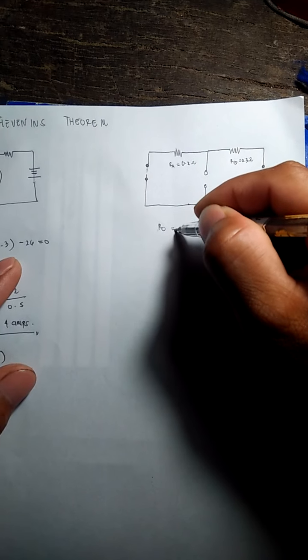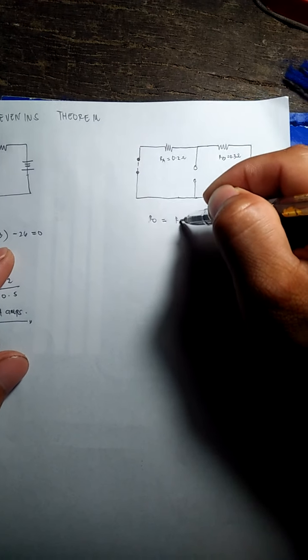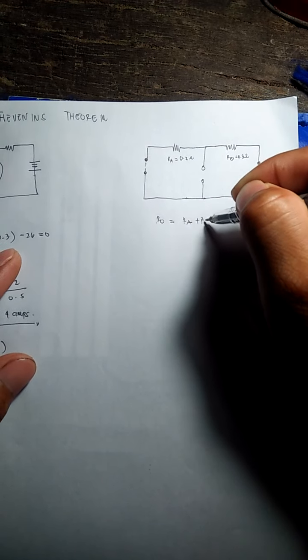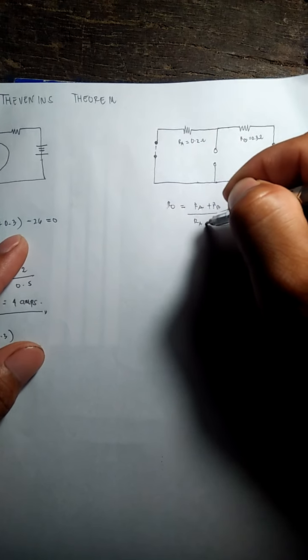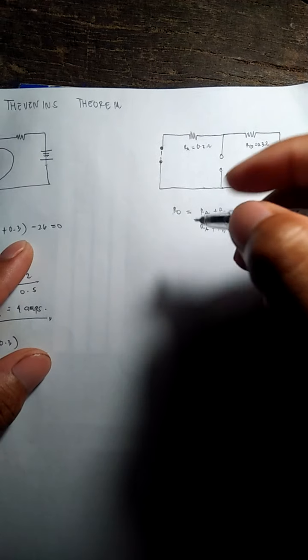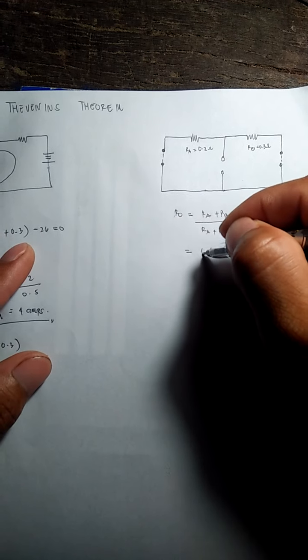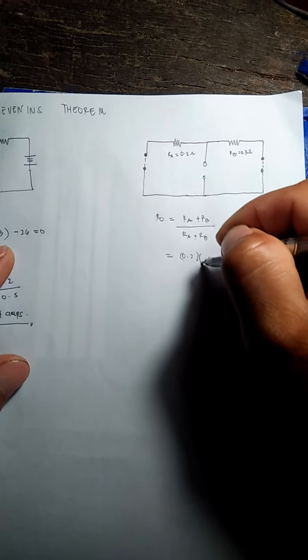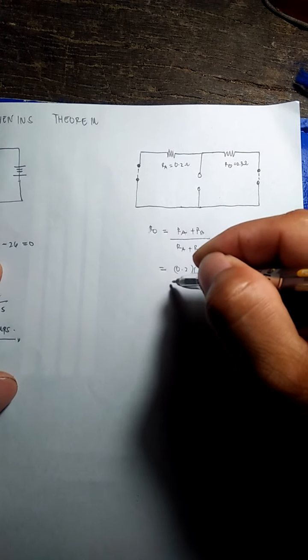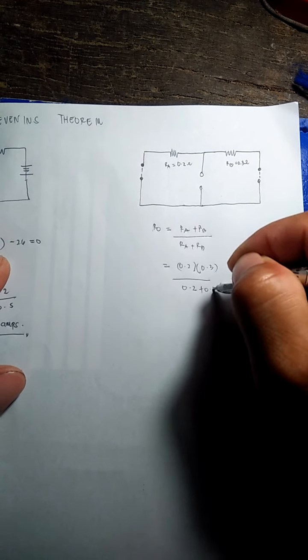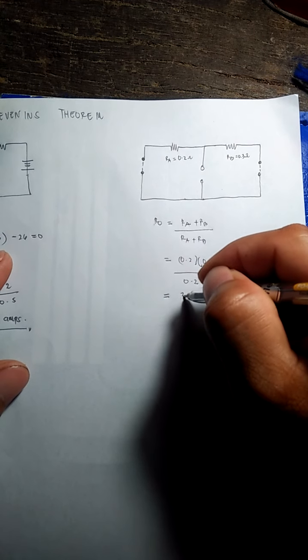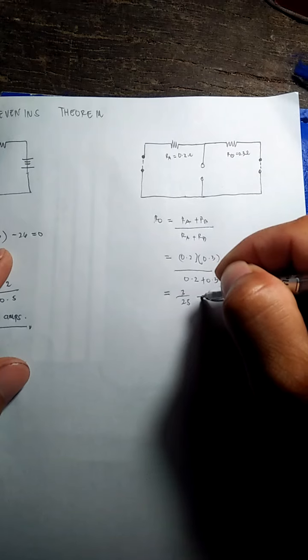RO can be solved by the formula RA times RB over RA plus RB. So simply substitute the given: 0.2 times 0.3 over 0.2 plus 0.3, so it will answer 3 over 25 ohms.